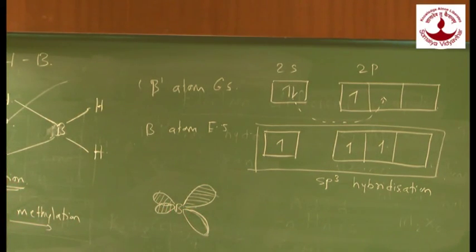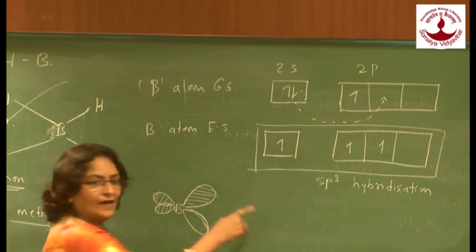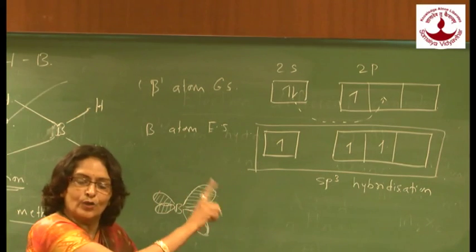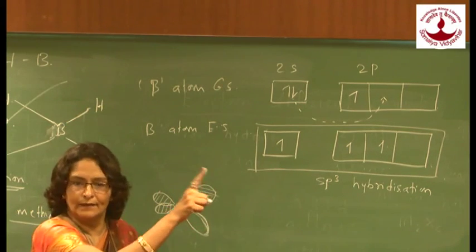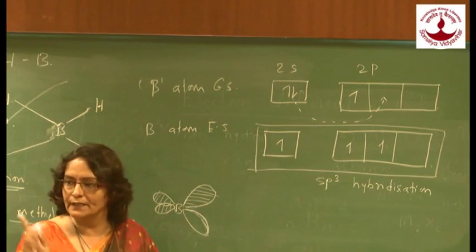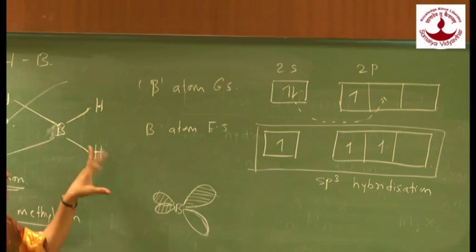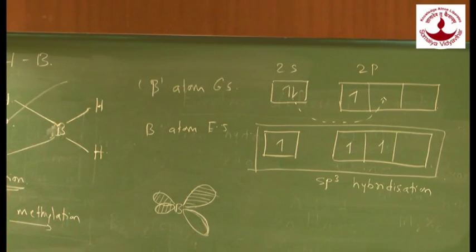I will put the lines in that. Similarly, on the other side you have another boron atom which also has 3 filled sp3 hybrid orbitals and 1 vacant sp3 hybrid orbital. Now there are 2 types of hydrogen atoms. 4 are terminal hydrogen atoms.